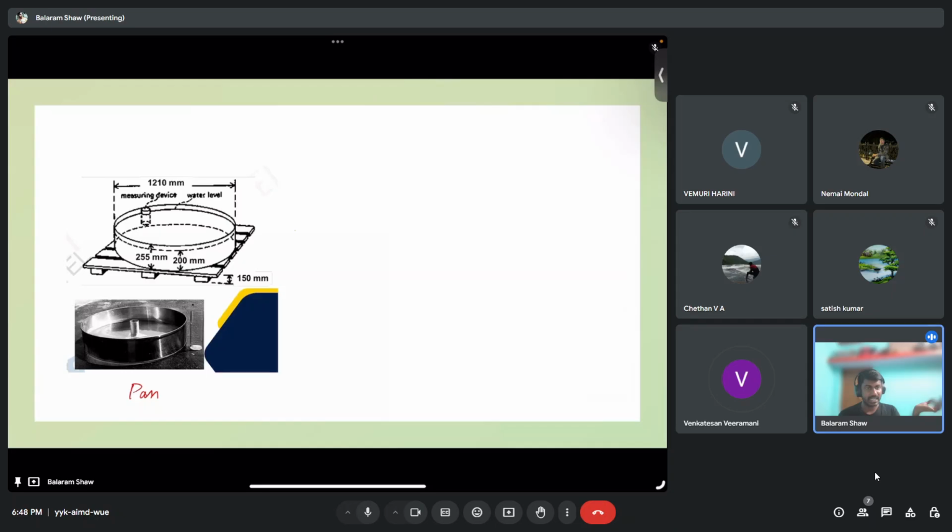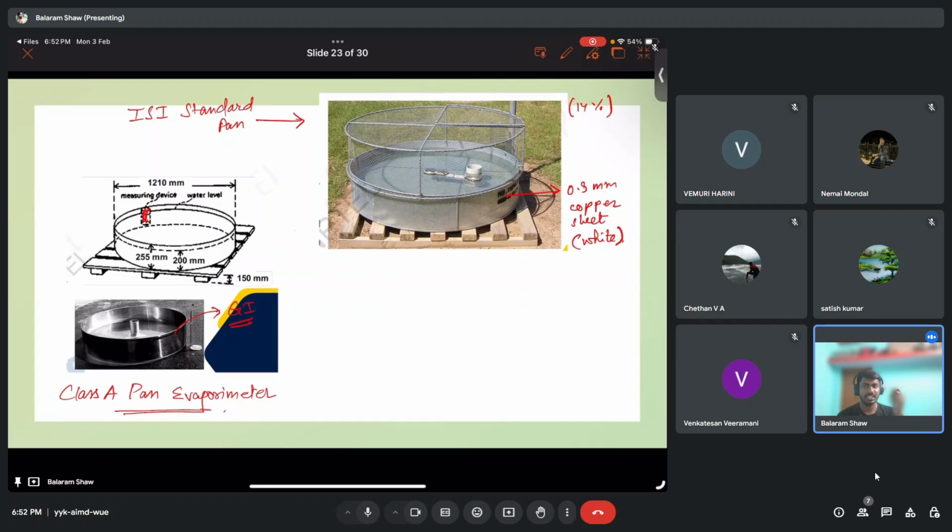Also, as we have done all these new improvements, what we are seeing is around 14%. So if it is an uncovered pan, that is class A pan, and if it is a covered pan, then it is having 14% less evaporation from the same dimensions. Okay, so that is the change that we can see from class A pan evaporimeter to ISI standard pan.